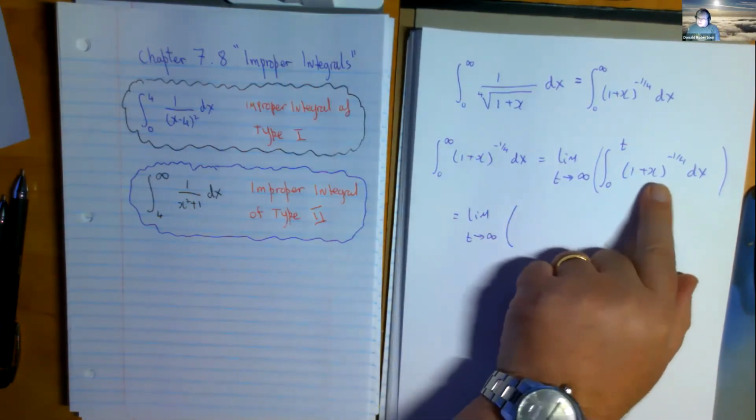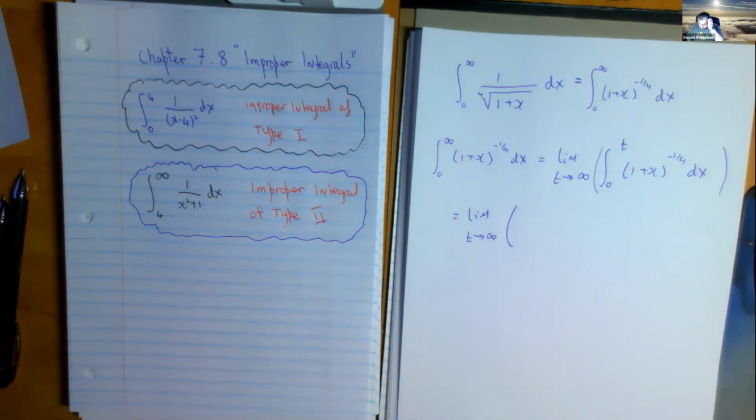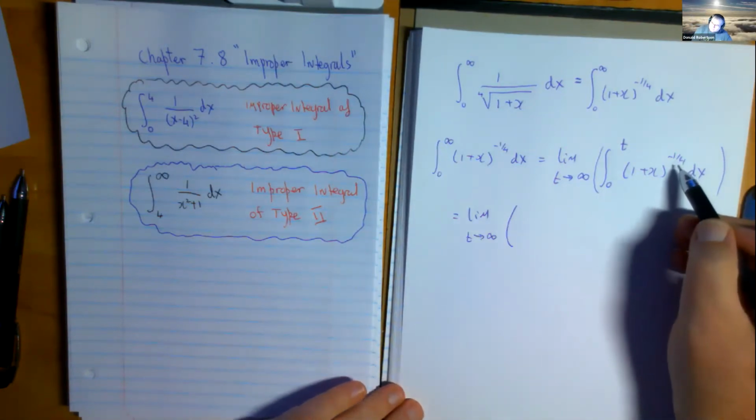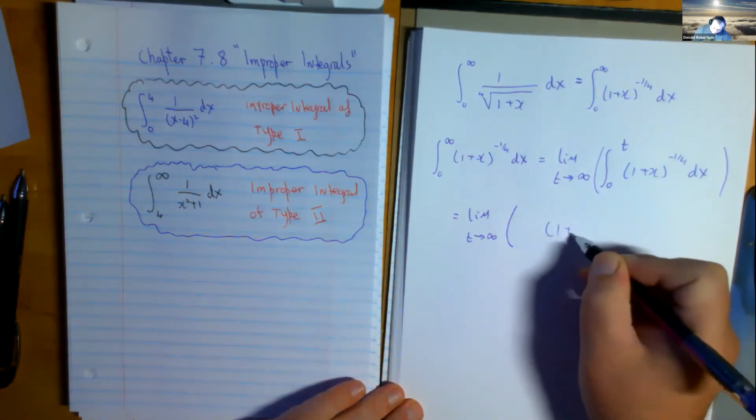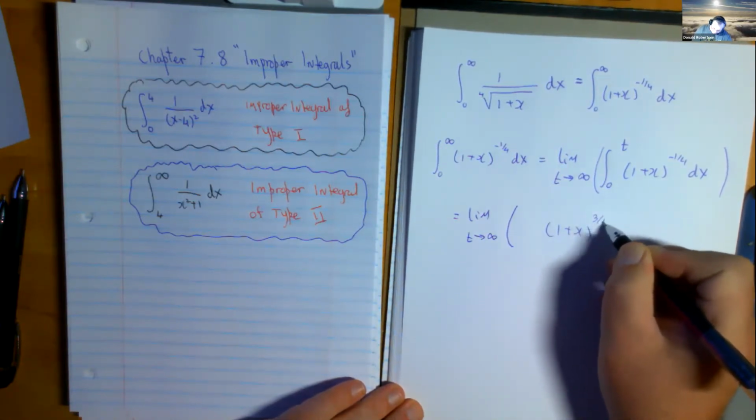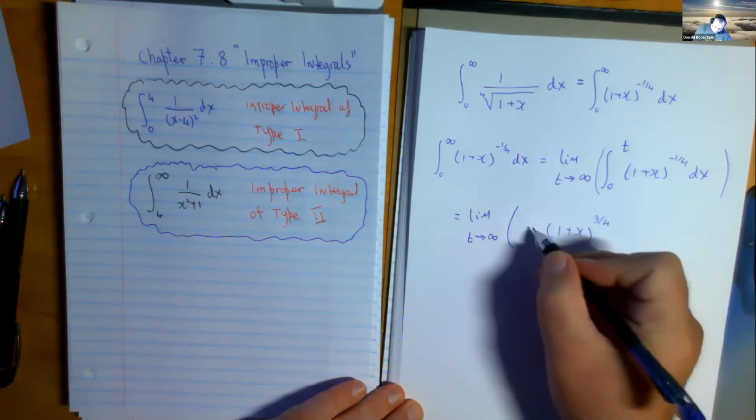If you want to integrate (1 plus x) to the negative 1/4, can't you use the linear shortcut method and just do a power rule? So add 1 to the power. Well, if you add 1 to this guy, you get (1 plus x) to 3/4, right?